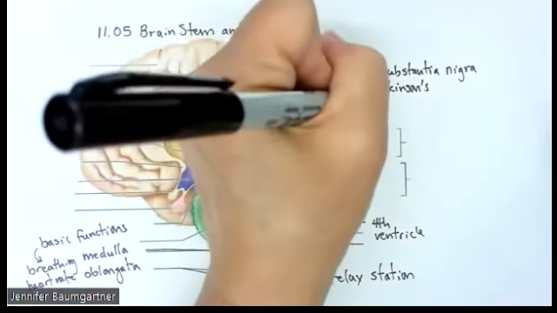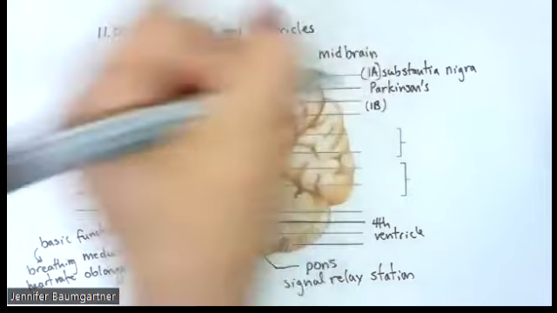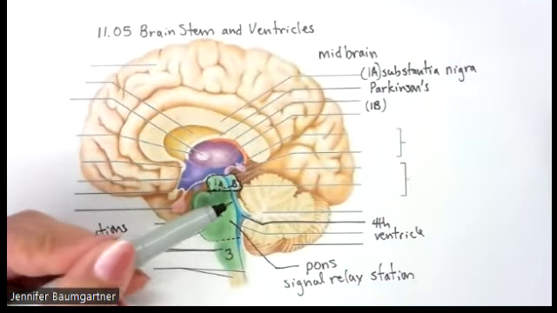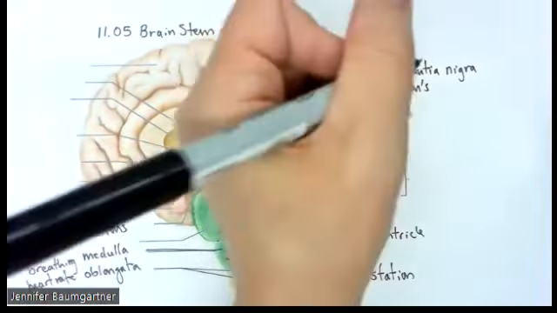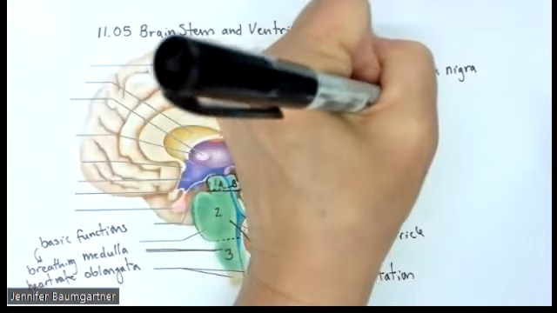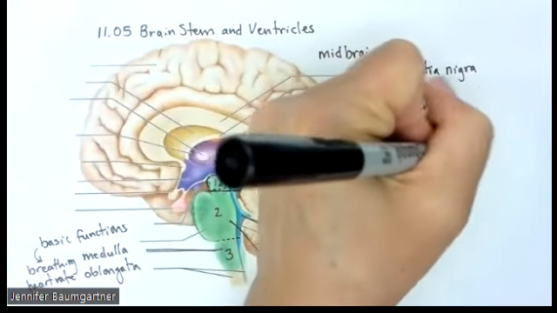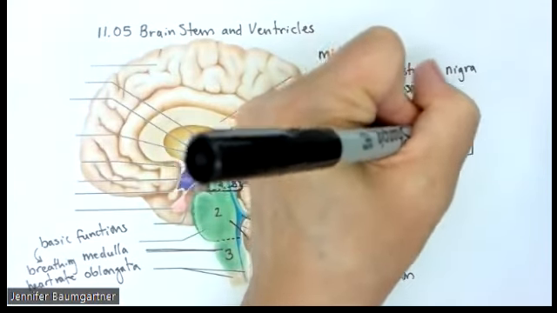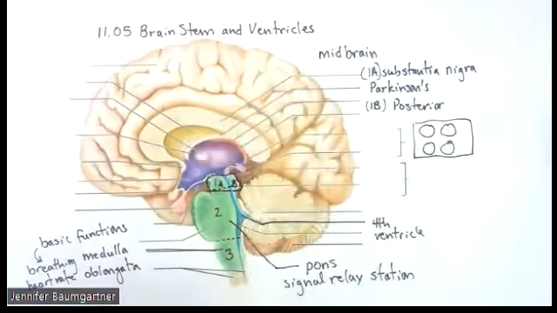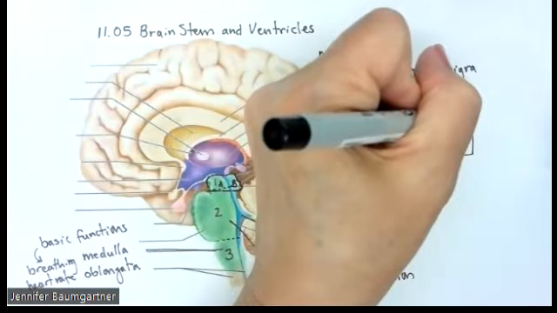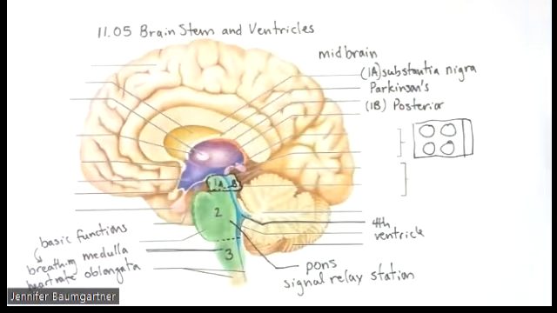If we look at 1B, you'll notice here that there's two small bumps. If I look at this from a posterior view, so I'm going to draw in a posterior view. When we dissect brains, you're going to see, it should be a little bit off there. It should be centered.